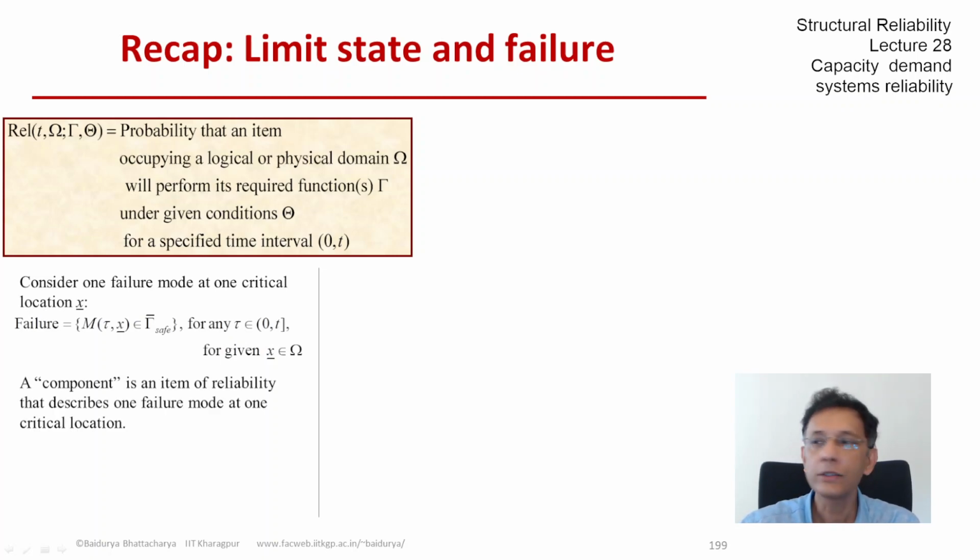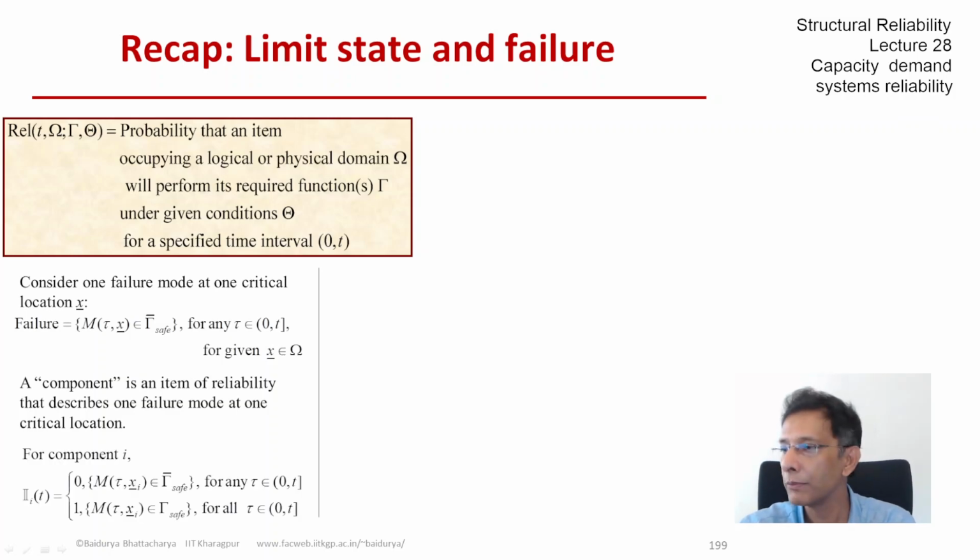That gives us the concept of a component or an element: an item of reliability that describes one single failure mode at one critical location, or more generally at one identifier in the logical domain.